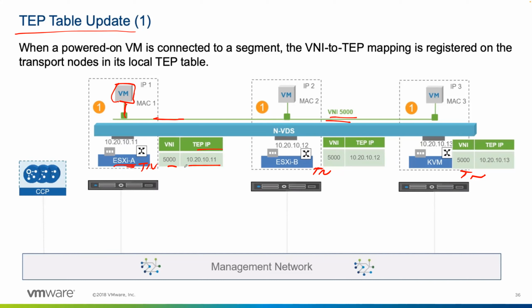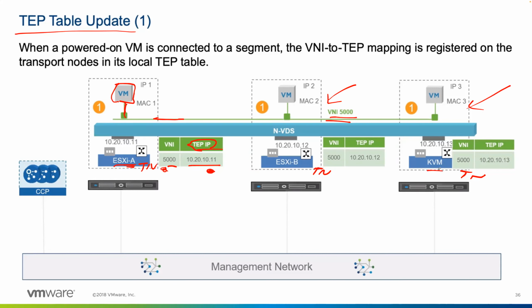That means there's a mapping between the VNI, this VM, and the place this VM is located. So here it's the ESXi-A TEP IP. The same thing happens on the second and the third one.